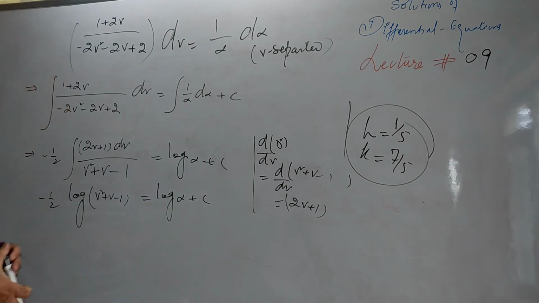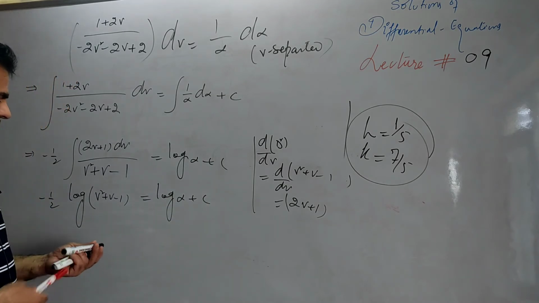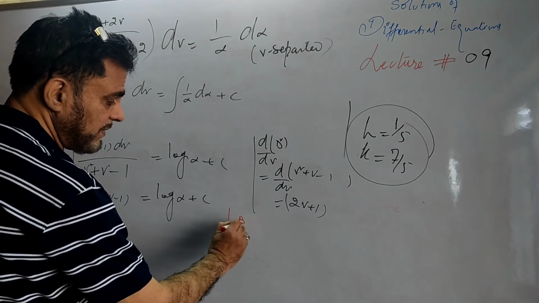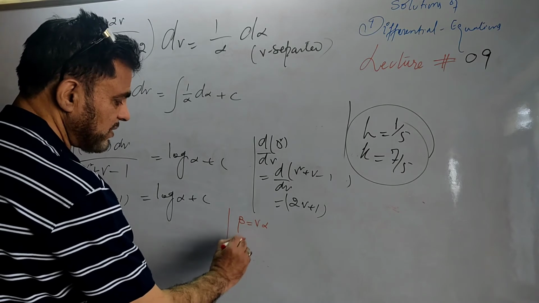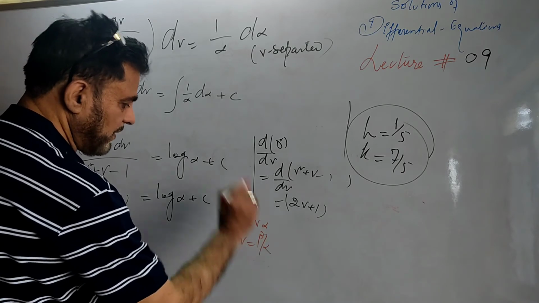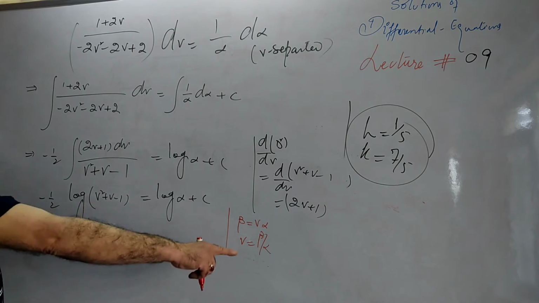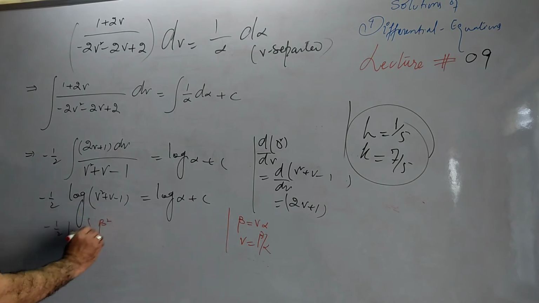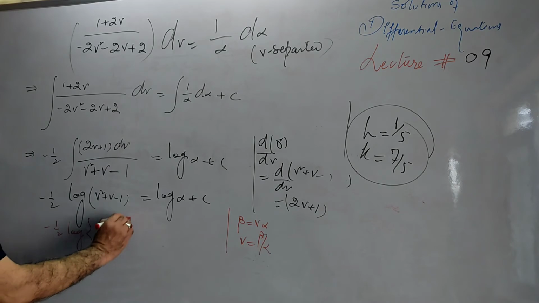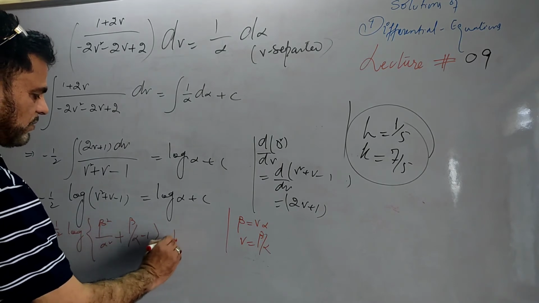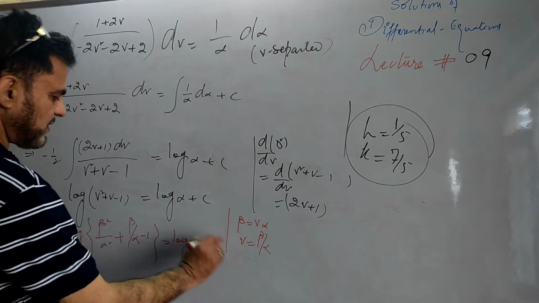Okay. Now you can give the value to your v. Your substitution was what? You put beta is equal to v alpha. That means your v is beta by alpha. Use the value of v, beta by alpha. It is minus 1 by 2 log of beta square by alpha square plus beta by alpha minus 1 is equal to log of alpha plus c.